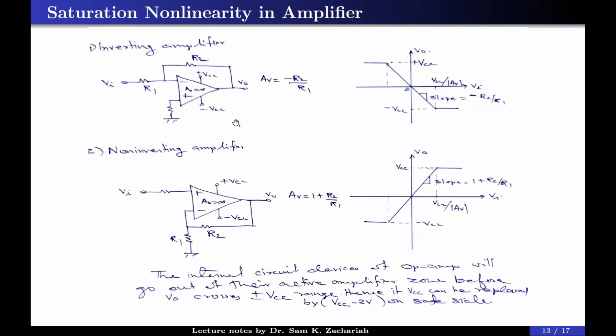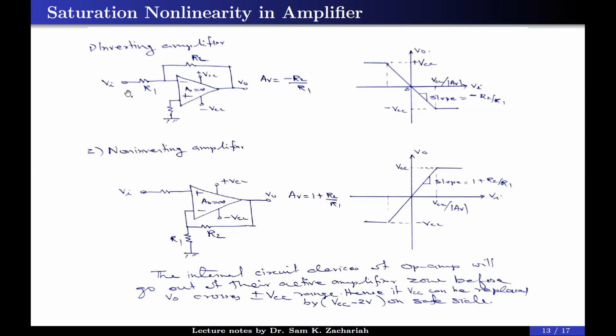And one very important thing: when you draw the operational amplifier circuit for an amplifier, you should always put the feedback around the inverting minus terminal, not the plus terminal. If this is plus, then this amplifier will either be in the saturation zone or cutoff zone, or it will act like a switch only, not as an amplifier.